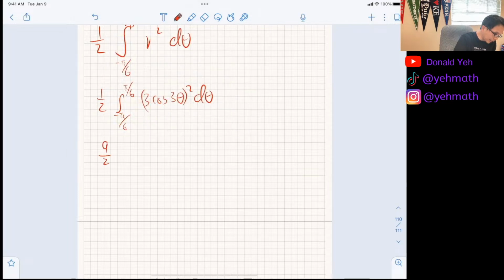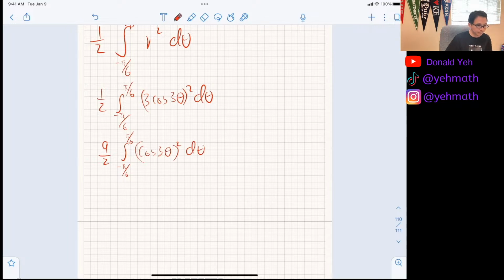So we can take out 9 over 2 here, from negative pi over 6 to pi over 6, and this is cosine of 3 theta squared. How do I integrate this?